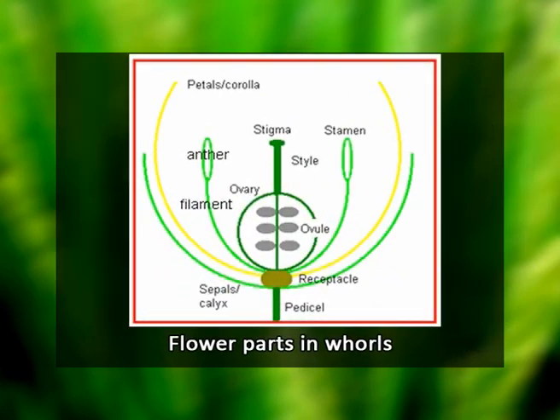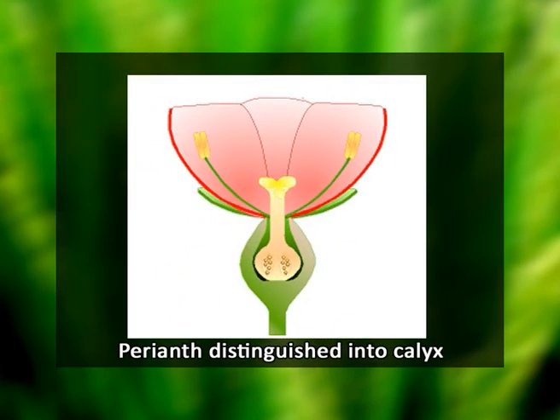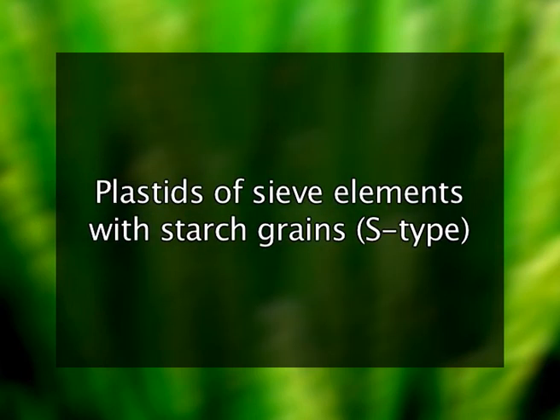Number 2 is floral parts, they are arranged in whorls, not spirally arranged. The perianth which is present in the flowers of Eudicots is clearly distinguishable into calyx and corolla. And these Eudicots have plastids of sieve elements with starch grains called S-type.